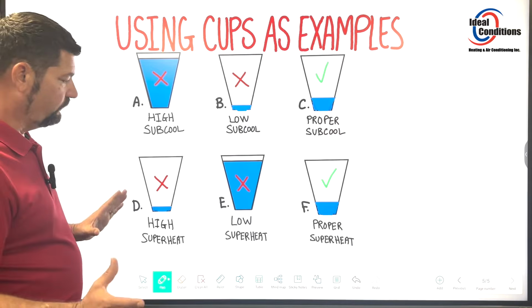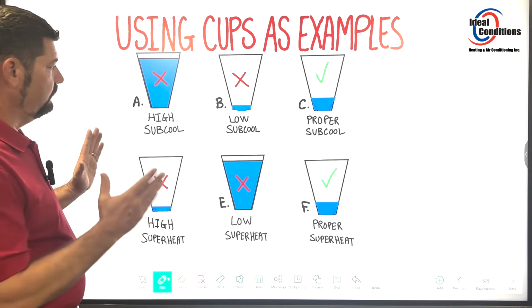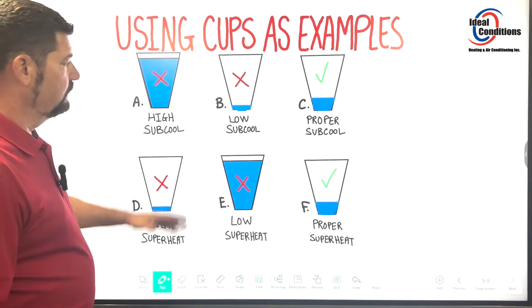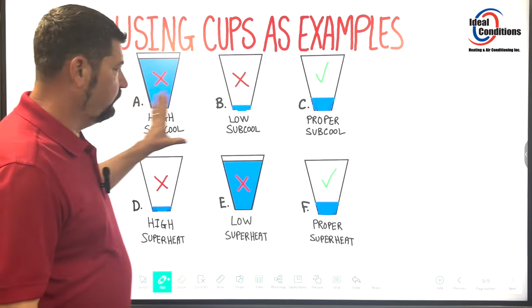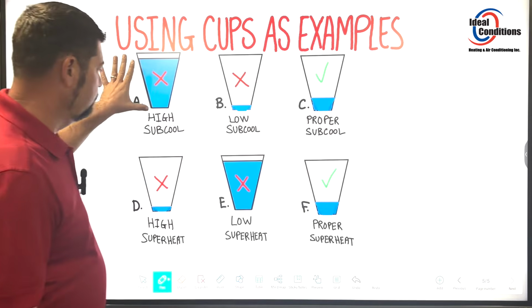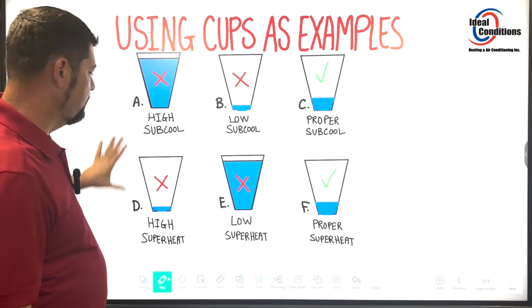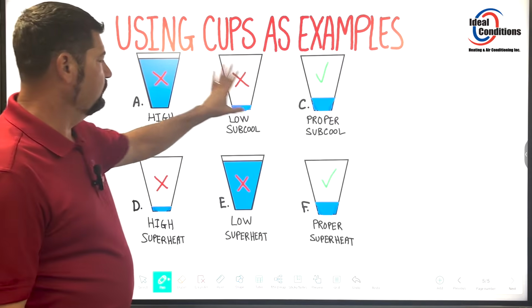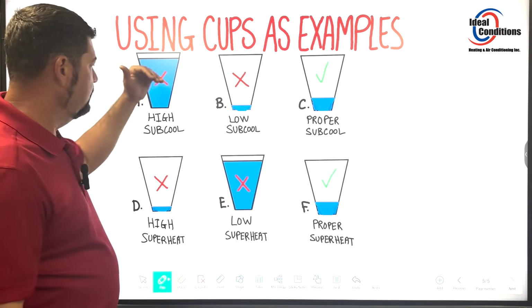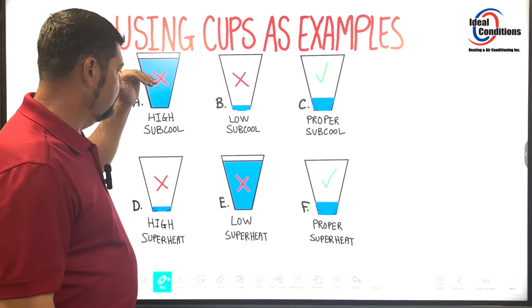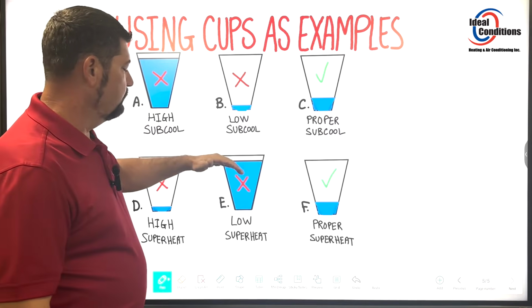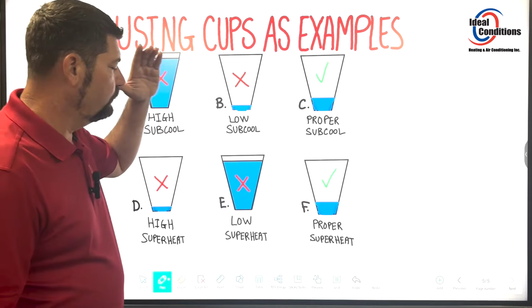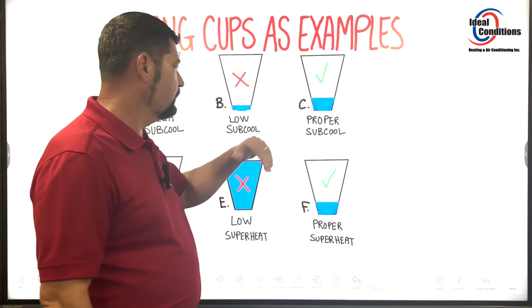So I'm trying to simplify this, and let's just attack it head on. I have 6 cups up here. The top section represents my condenser. My bottom section represents my evaporator. And in each one of these cups, we have high superheats and high subcools, and low superheats and low subcools, and proper superheats and proper subcools.